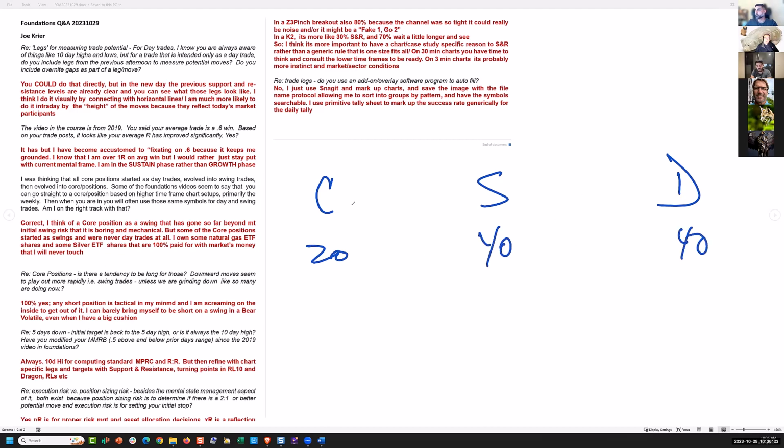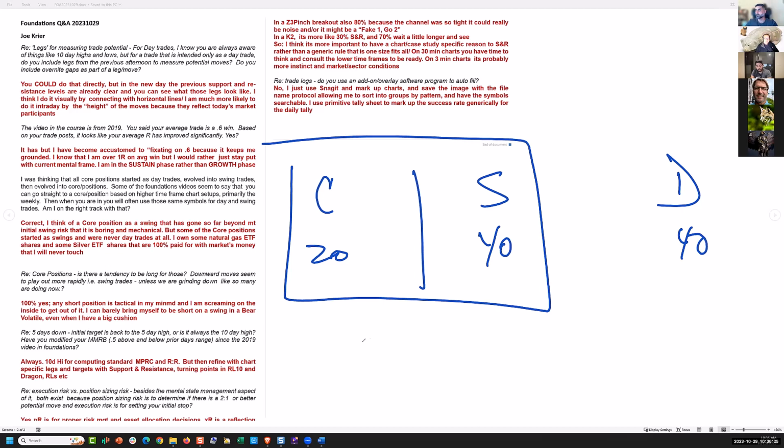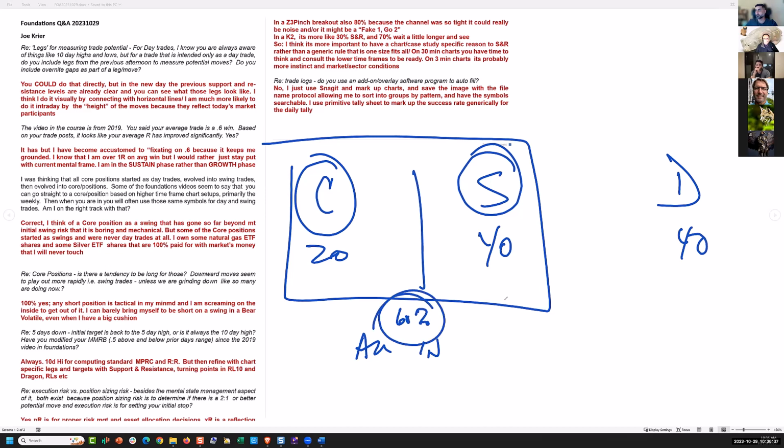So the maximum overnight risk, if I'm all in on the core, and if I'm all in on my swing trade, that's a maximum 60% overnight risk. And right now, this is zero.